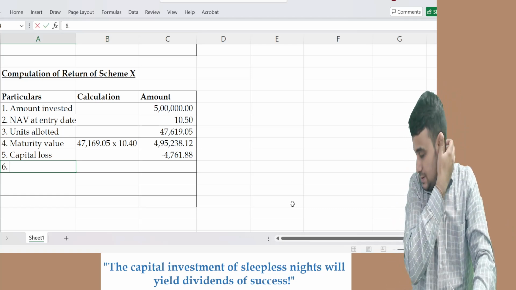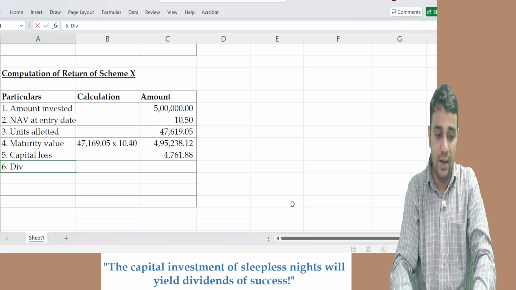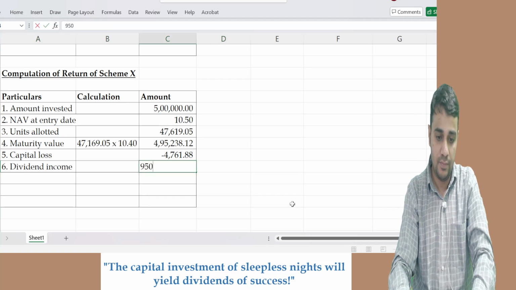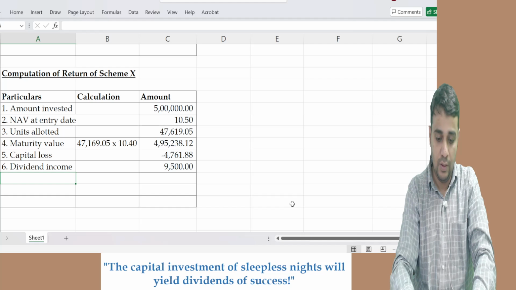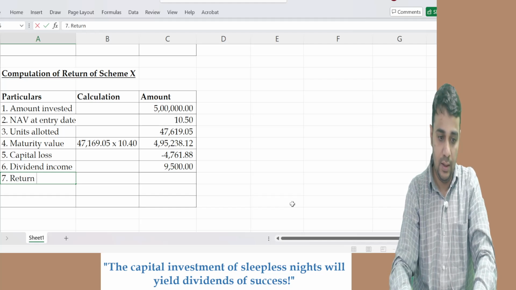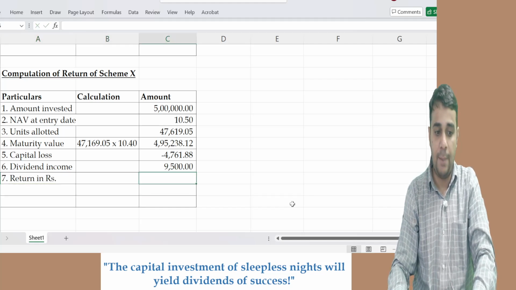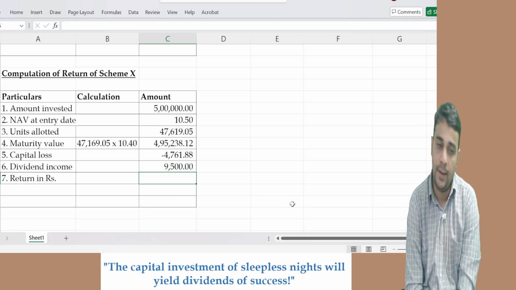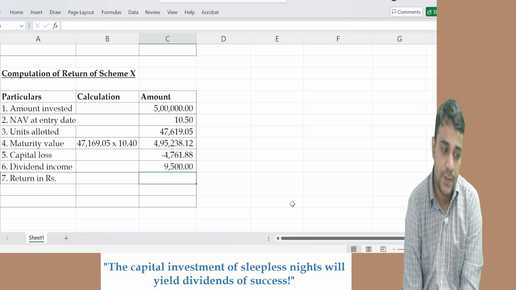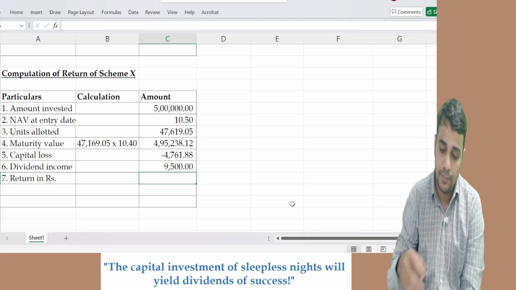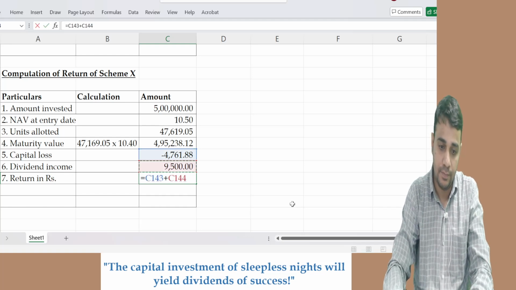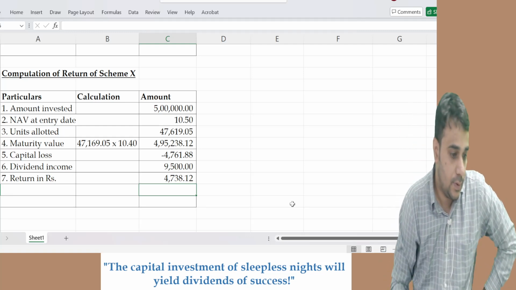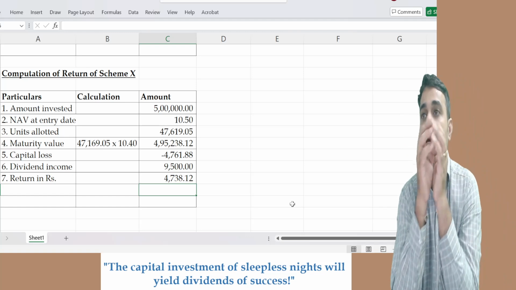Point number 6, dividend income. How much is the dividend income? Return in rupees is capital loss plus dividend income. Capital loss will be subtracted, dividend income will be added. Return in rupees is 4738. This number is technically your numerator.